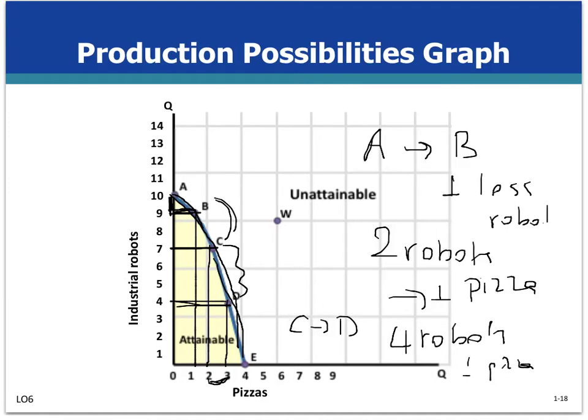So that's the reason we have increasing opportunity cost, because when you move from point A to B, B to C, C to D, D to E, you are actually using more and more resources for pizza production. That means, since you have limited resources, you need to take the resources from robot production and devote them to pizza production, and pizza becomes costlier because the resources are not very well suited for pizza production. Okay, that's the idea behind it.